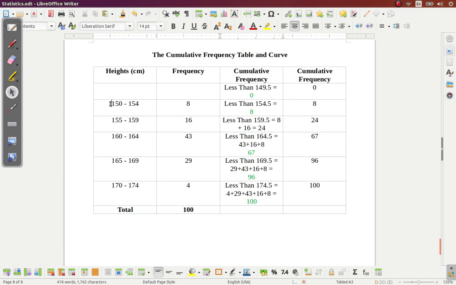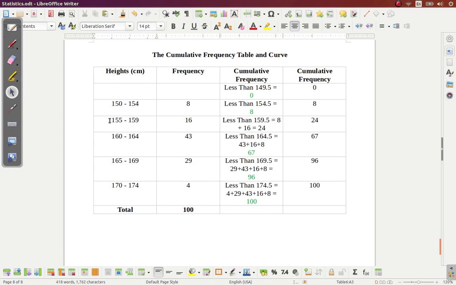We began at the start not at 150 but 149.5 due to rounding off. When we reached the beginning of the second class, we would have covered all 8, going up to 154 and a little more.